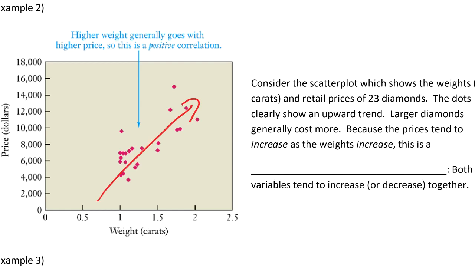Because the prices tend to increase as the weights increase, they're both increasing, we call this a positive correlation. Both variables are increasing, or both variables are decreasing together.